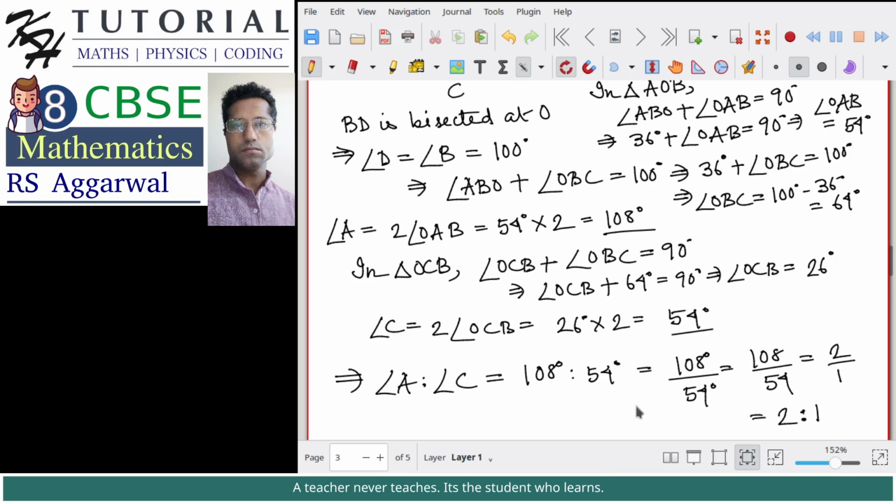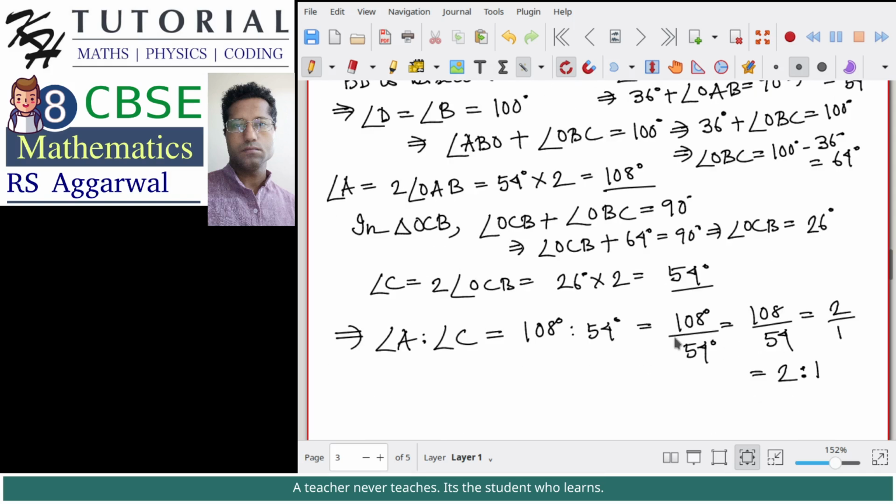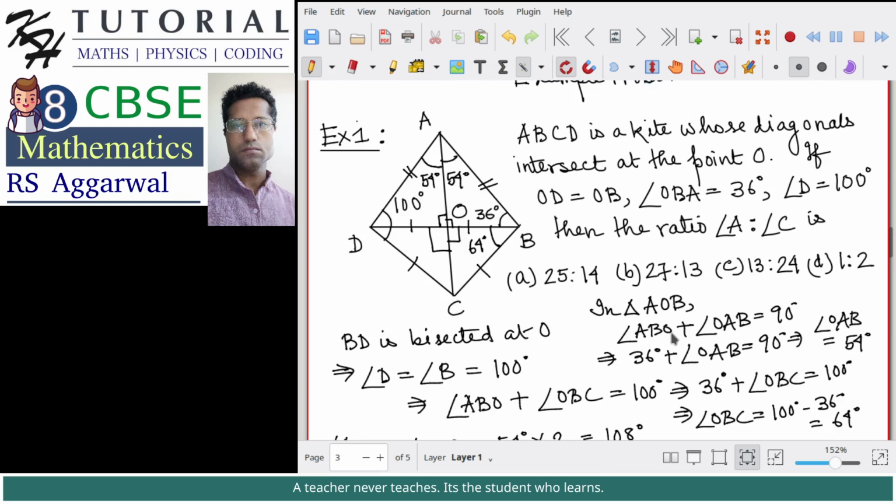And 2:1 is not in the choices. The fourth choice is 1:2, but we are having 2:1.